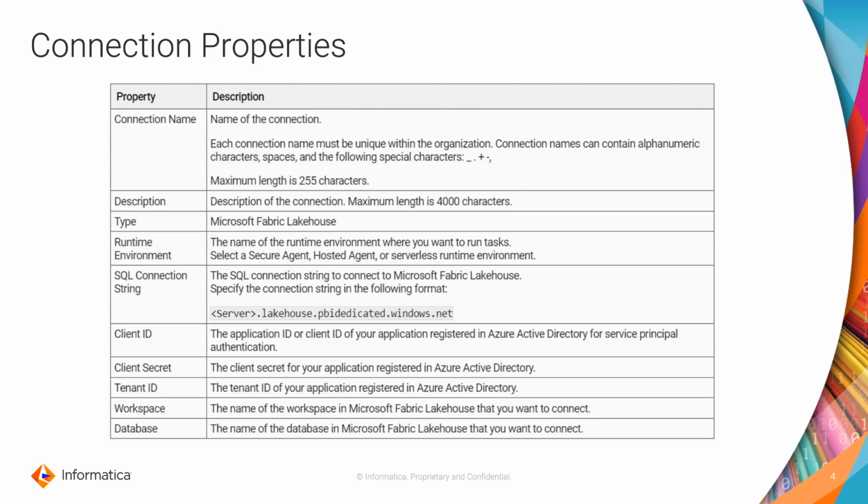Type here will be Microsoft Fabric Lakehouse connection, and you need to enable the Microsoft Fabric Lakehouse connector from your runtime environment if you have not enabled it. Then you need to specify the runtime environment, and for the rest of the details like SQL connection string, client ID, client secret, tenant ID, workspace, and database, you need to get them from your Azure admin and update the parameters accordingly.